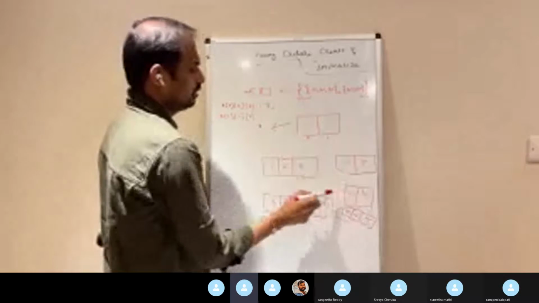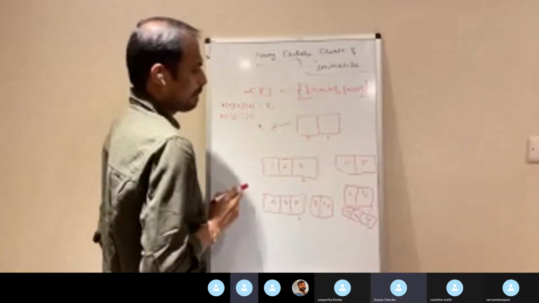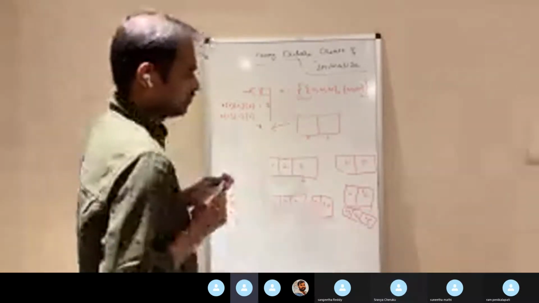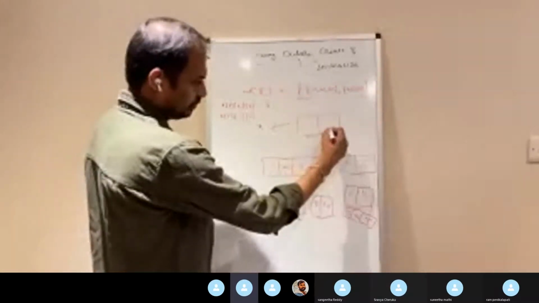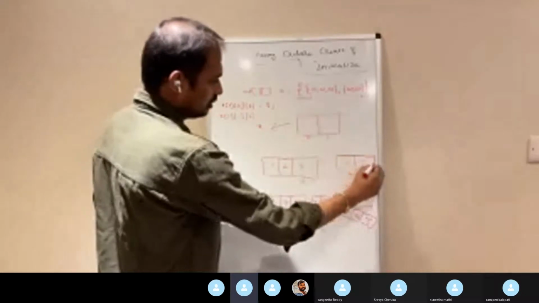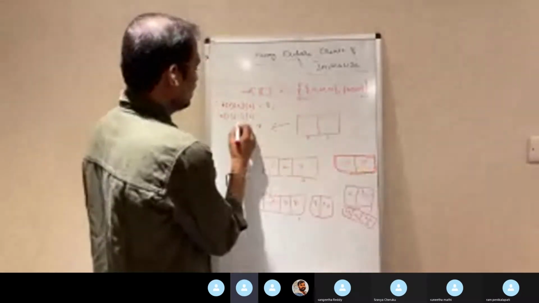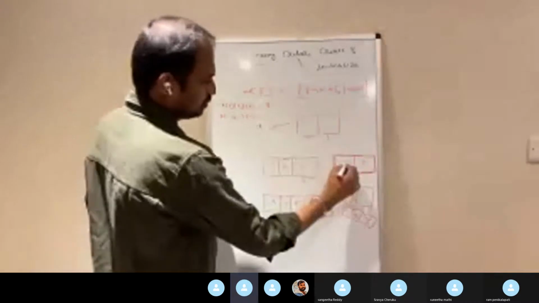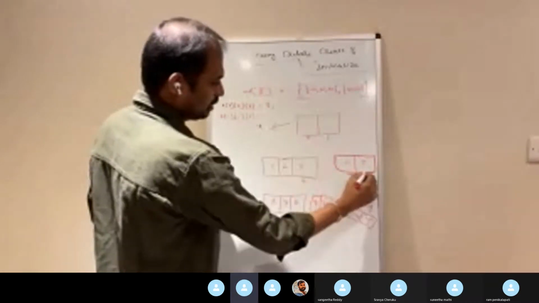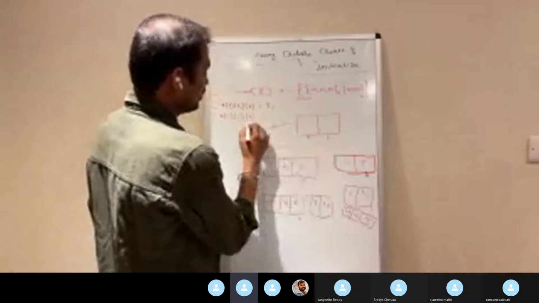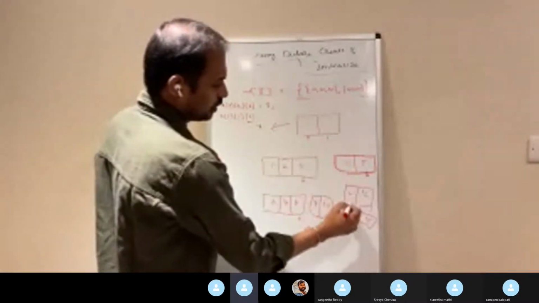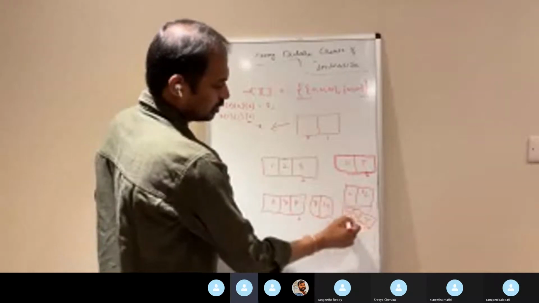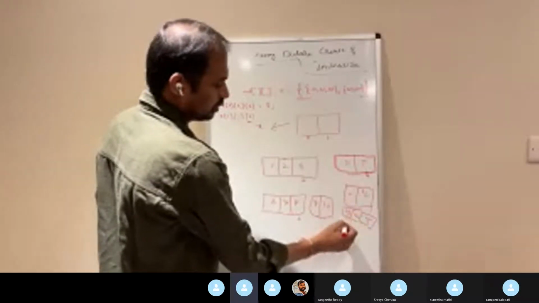Is there a 2 here? 13. So x of 0, x of 1, under that we need to go for 1. This is 1, this is 1. Under that we need to go to 2. So 0, 1, 2, 3, 4, 13. Is that right?